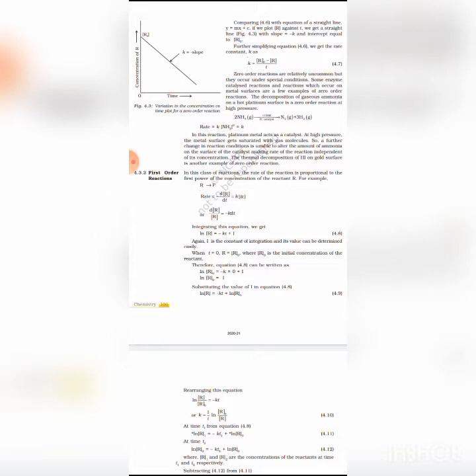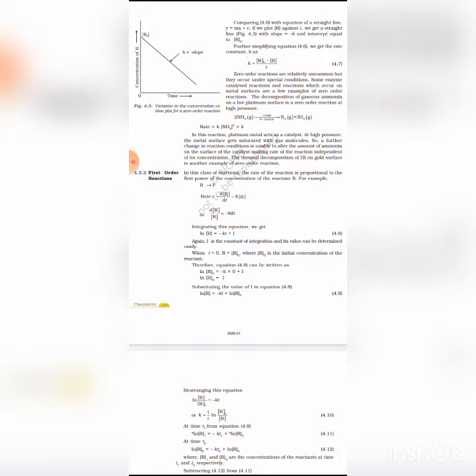Now, determination of order of reaction. Student, there are many methods available for determining the order of reactions. That is, graphical method, initial rate method, and integrated rate law method. Graphical method: the method is applicable to those reactions wherein only one reactant is involved.